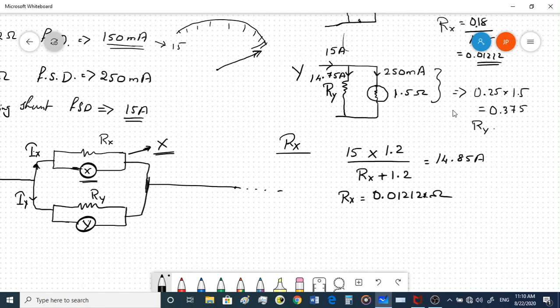Now Ry is equal to 0.375 divided by 14.75, that is the current over here. So the answer, divided by 14.75, will turn out as 0.02542.